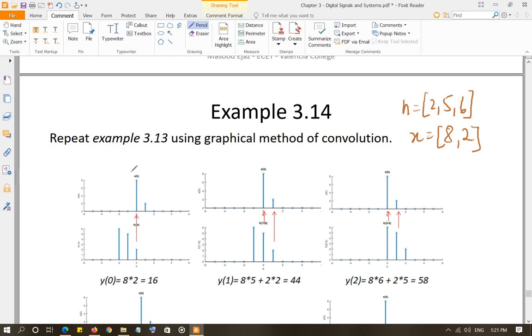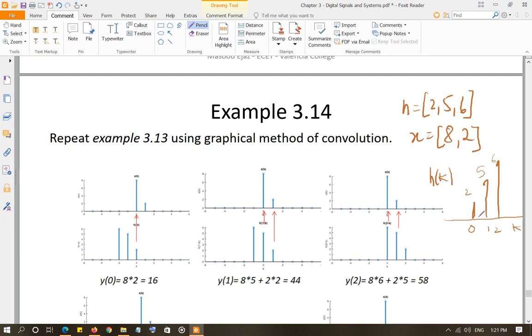So we are plotting x of k, 8 and 2, for n is equal to 0 and 1, or k is equal to 0 and 1. And then this is my h of negative k. So my h of k is supposed to be 2, 5 and 6 for k is equal to 0, 1, 2. That should be my h of k.